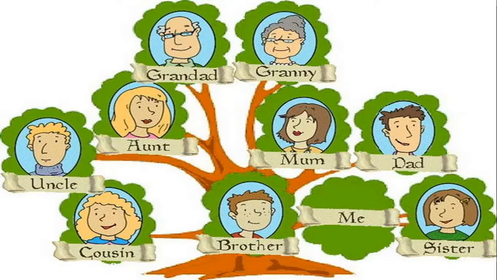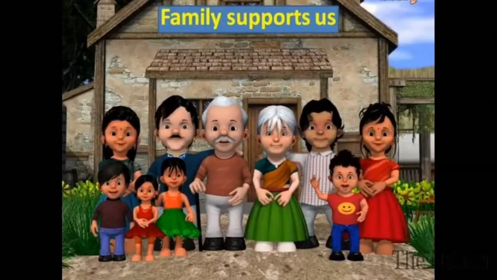These are the people who help us, who support us, who teach us very good things in life, and those are called our family values. So, what does the family do? The family always supports us.